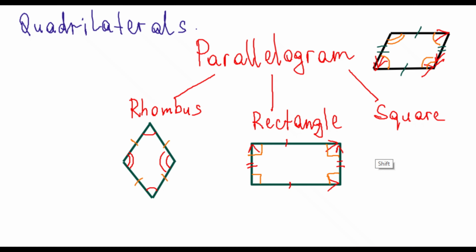And what is square? Square is a special type of rectangle.